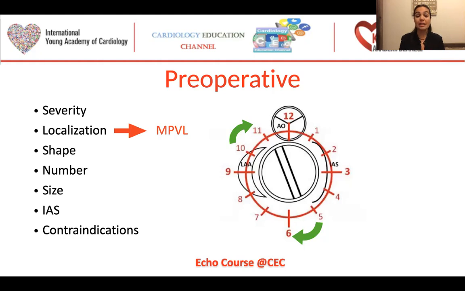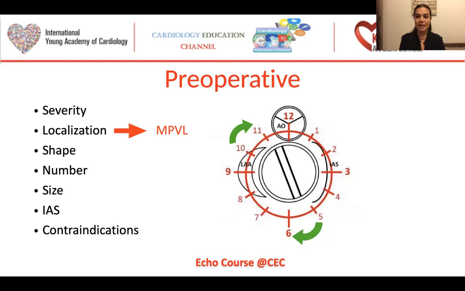When the aortic valve is at 12, the left atrial appendage is on the left-hand side at 9 o'clock position, laterally, and the interatrial septum will be on the right-hand side at 3 o'clock position. These are our landmarks.